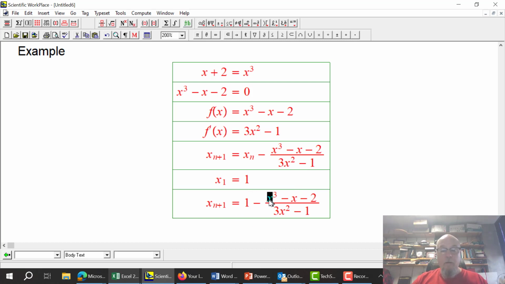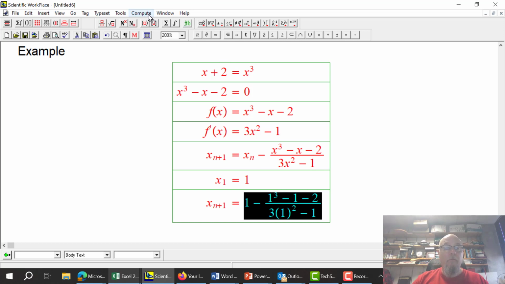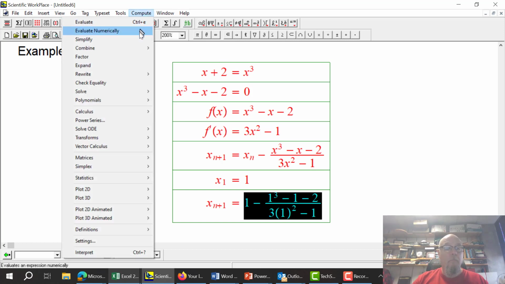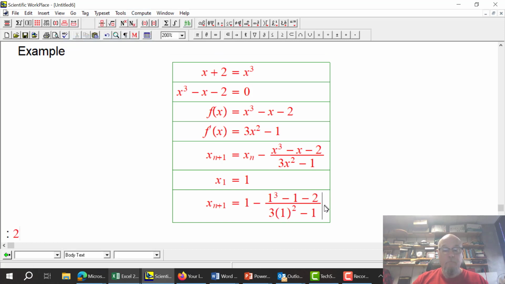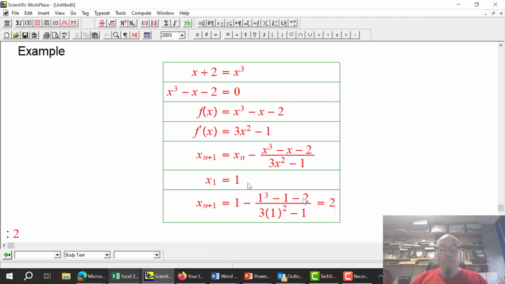It's going to be 1 cubed minus 1, over 3 times 1 squared. And when I clean this up, this should be equal to 2. So if x1 is 1, then x2 is 2, then I have to plug 2 in. So I plug 2 in this equation, get a value, take that value, put it in, get a number.